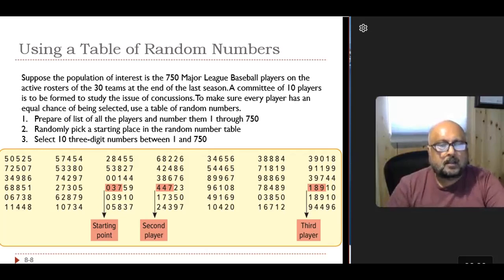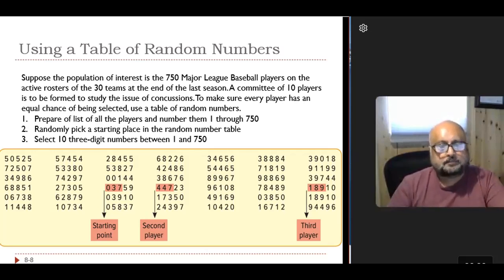We have to use the random numbers table to start from somewhere, and then we have to select 10 3-digit numbers. That's what the problem is asking for. Because we have a total of 750 players, 750 is a 3-digit number. So we have to find 10 3-digit numbers because the sample size is 10.